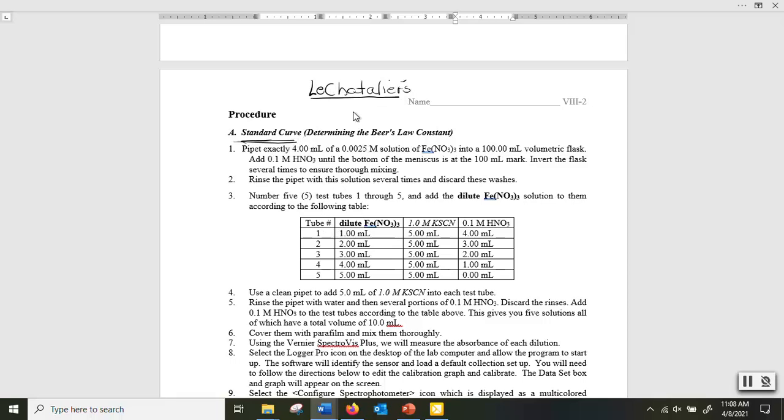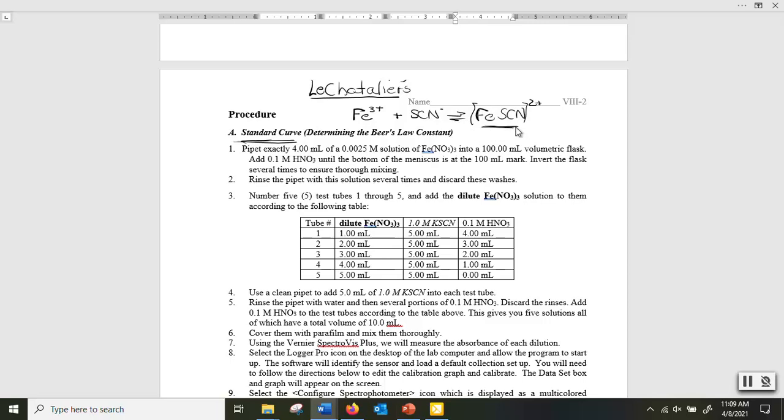So again, what we're measuring the absorbance of is that iron thiocyanate complex ion, which is in equilibrium with this equation.